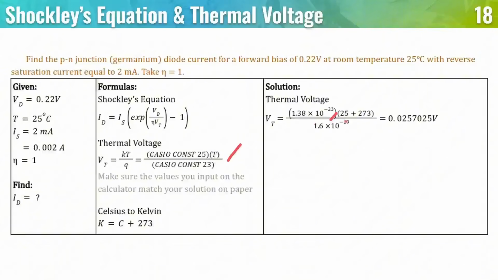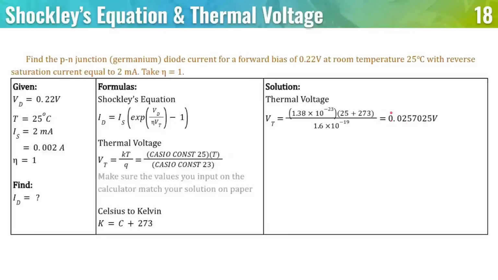We put these constants and we put the converted 25 degrees Celsius as our temperature. That should yield 0.02570025 volts. If you see something like this, make sure that you don't just round off to two decimal places right here, because that's going to affect how accurate your answer is.